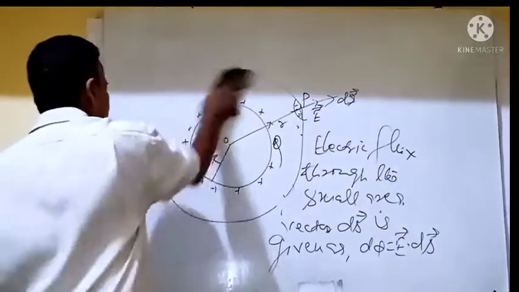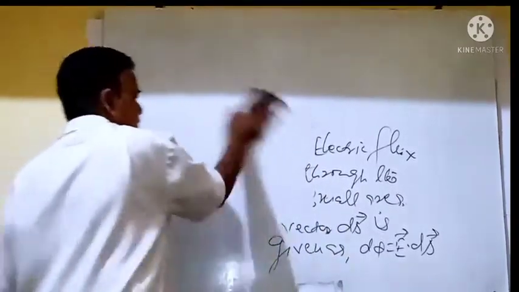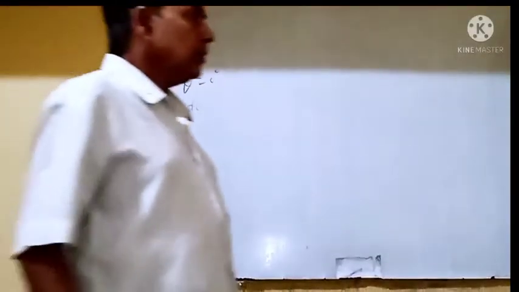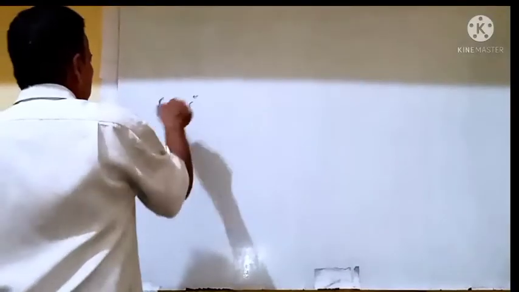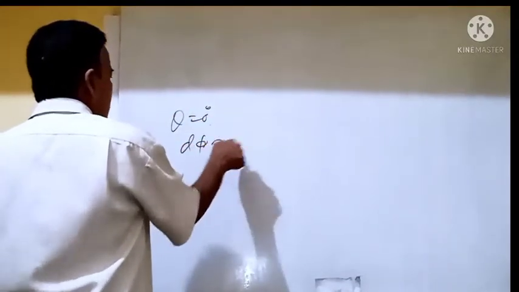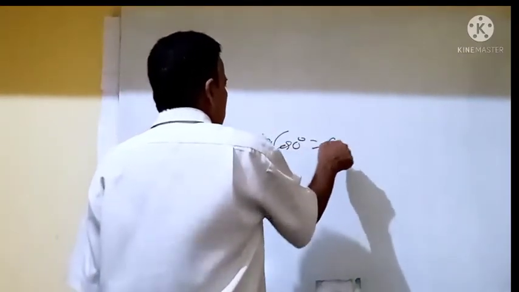Theta is equal to 0 degree. So d phi is equal to E dot dS, and cos 0 degree, that is E dS.